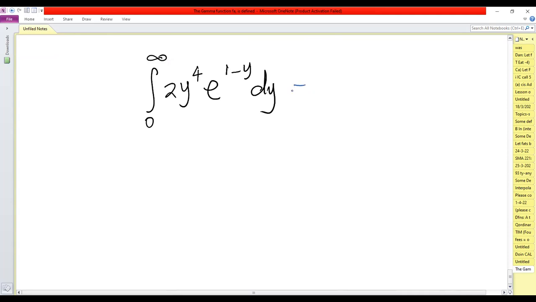So this can be written as, I can factor out 2, and I write integral from 0 to infinity y power 4 e raised power 1 and then e raised power minus y dy. These are simply the laws of indices by rewriting this e raised power 1 minus y.